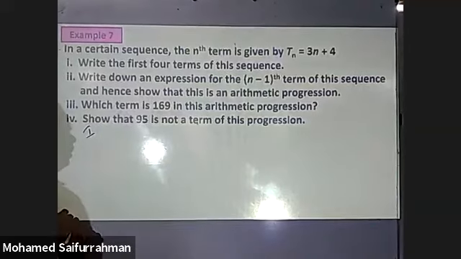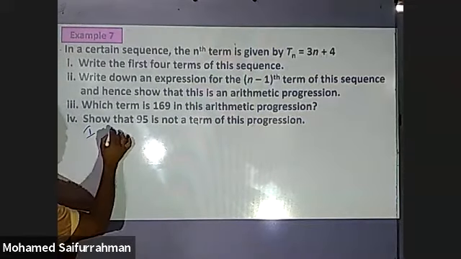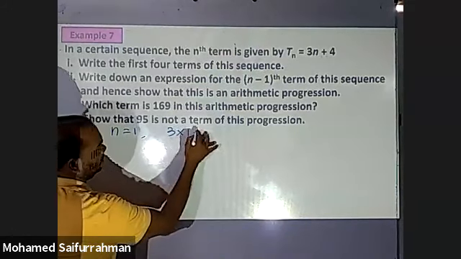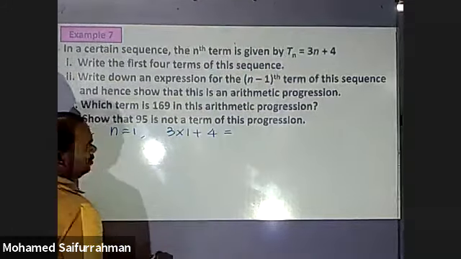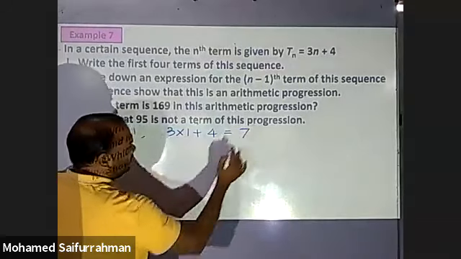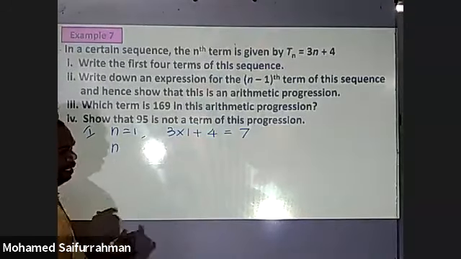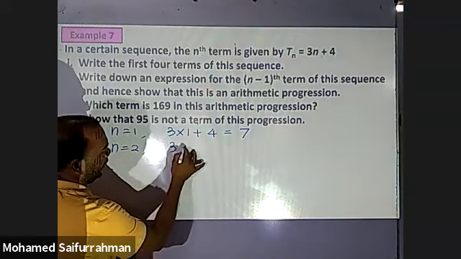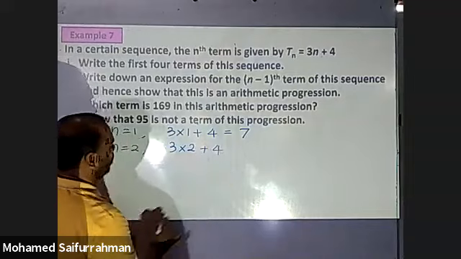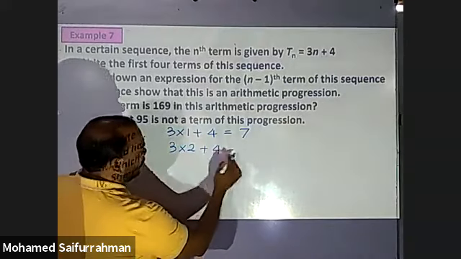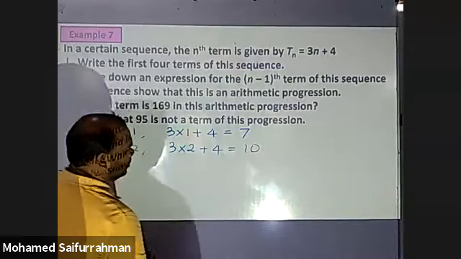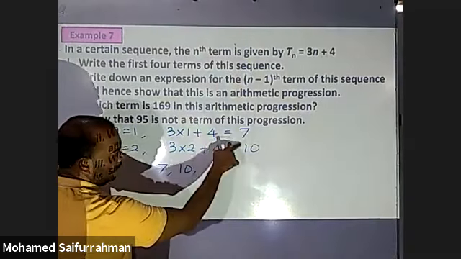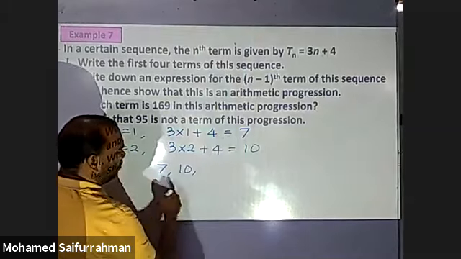By substituting n equals 1, 3 times 1 plus 4, answer 3 plus 4, 7. n equals 2, 3 times 2 plus 4, 6 plus 4, 10. So 7, 10. You can see it is increasing by 3.